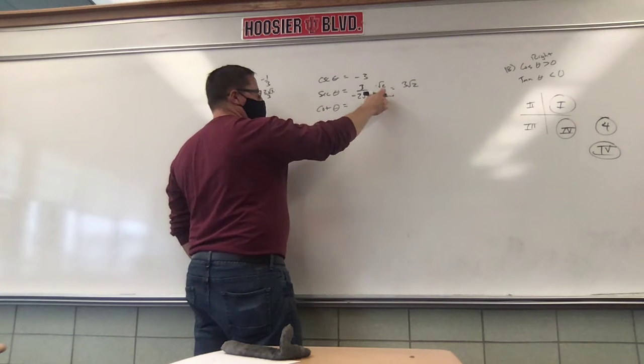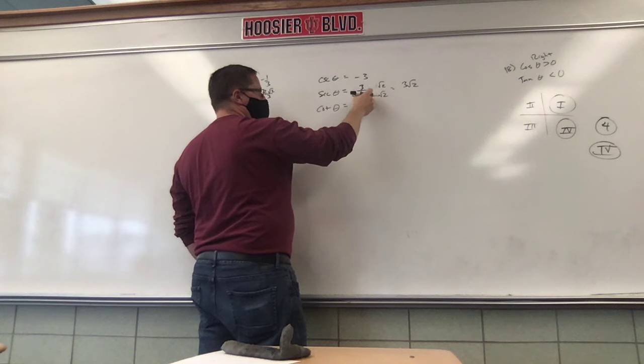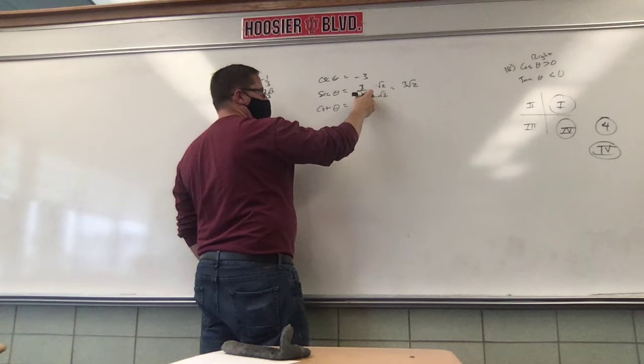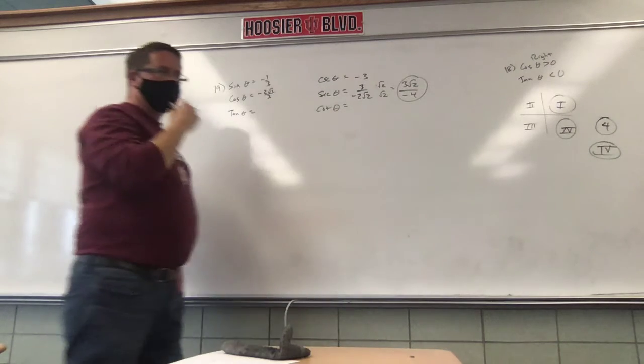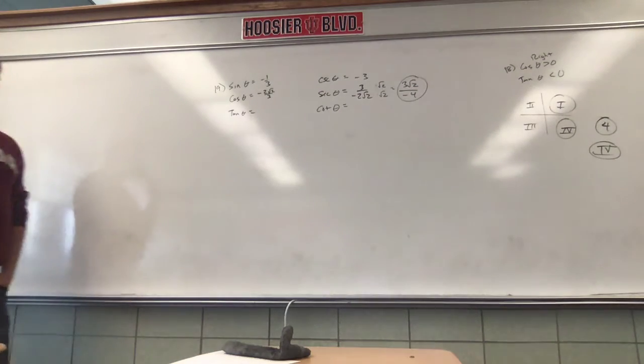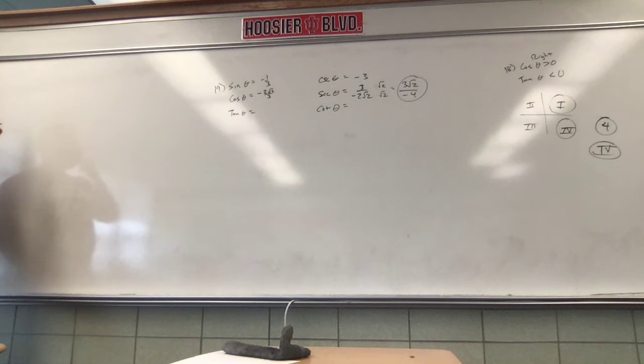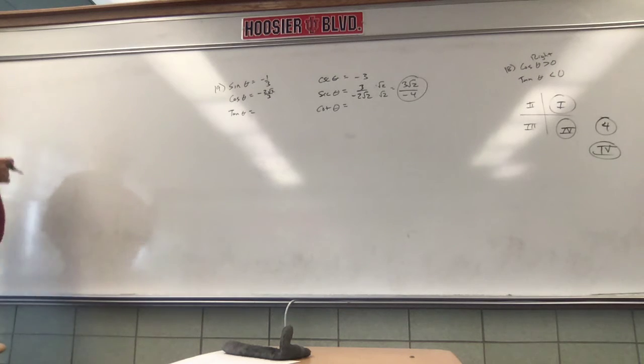Negative 2 radical 2 times radical 2: radical 2 times radical 2 is radical 4, which is 2, times negative 2 is negative 4. And then tangent, you've got to know that tangent is sine over cosine.